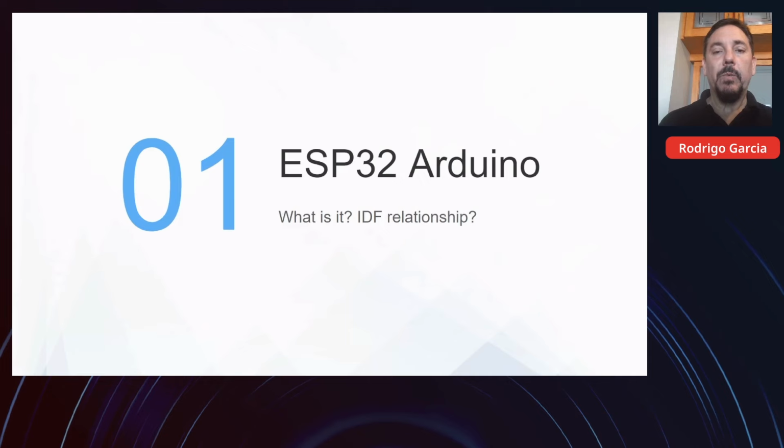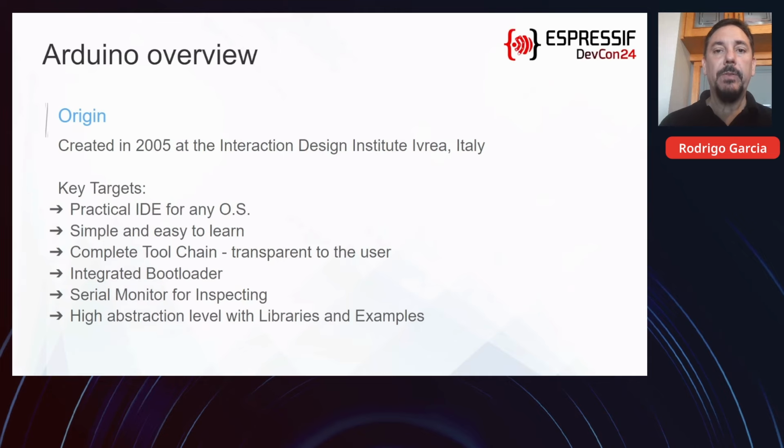What is Arduino? What is its relationship with IDF? Arduino is a project that makes it easy to use embedded software that has an IDE integrated with a toolchain and bootloader, which makes it very transparent for users to integrate those parts.